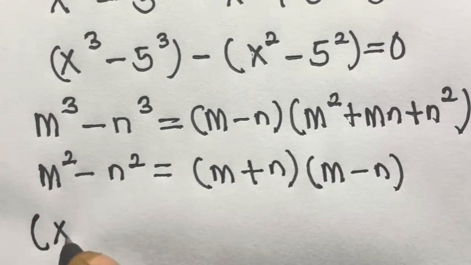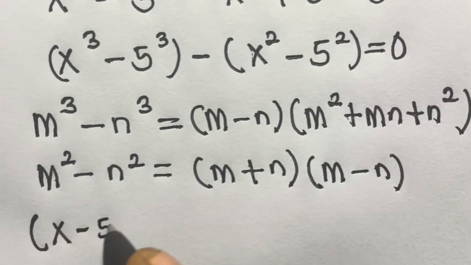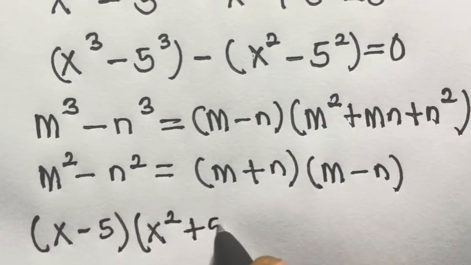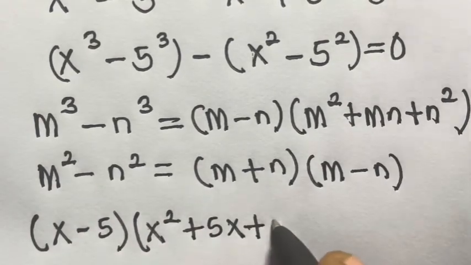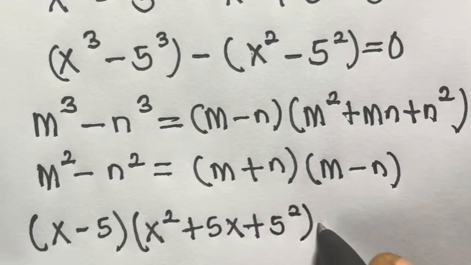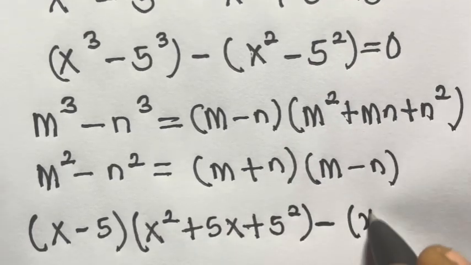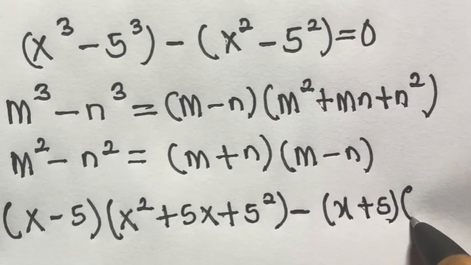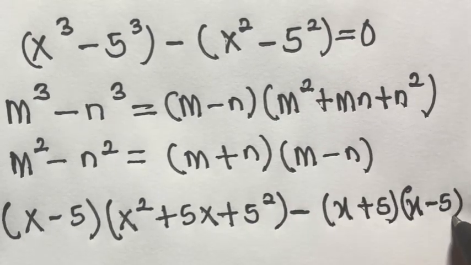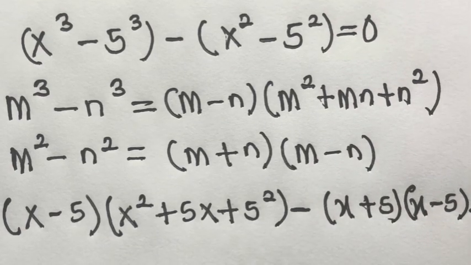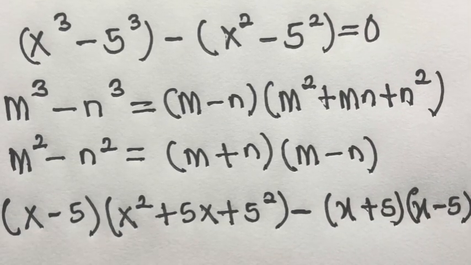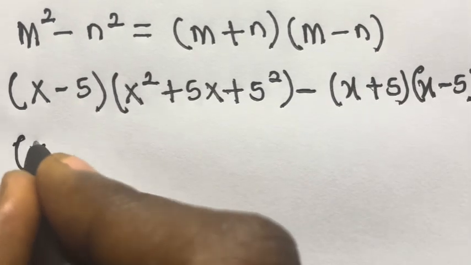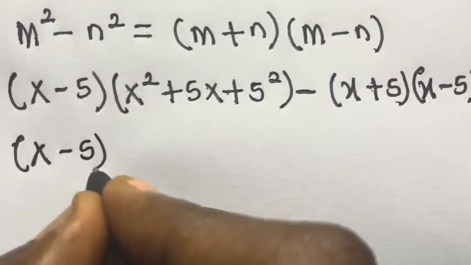x minus 5, then x squared plus 5x plus 5 squared, minus x plus 5, then x minus 5 equals 0. So from here we will have x minus 5.